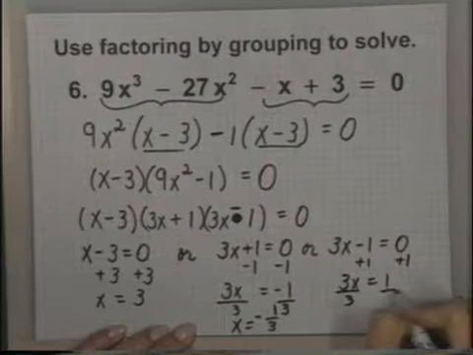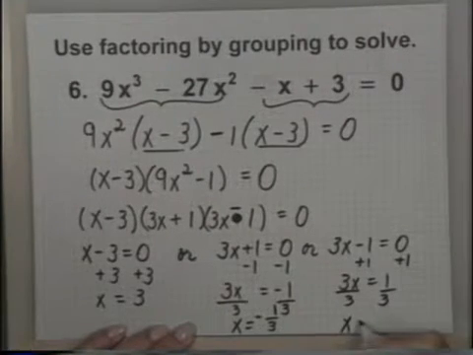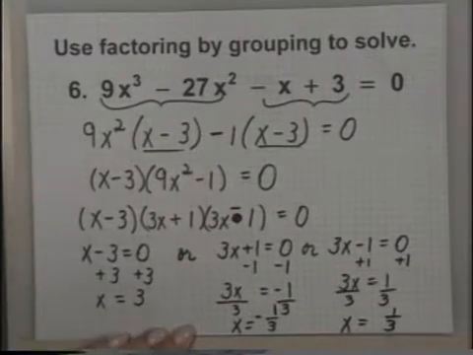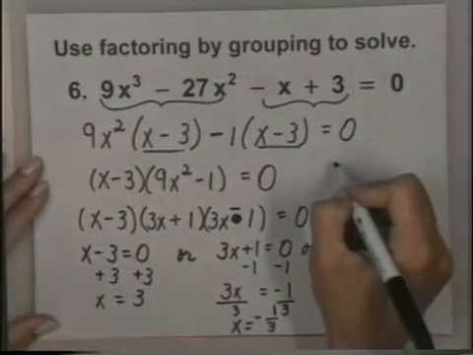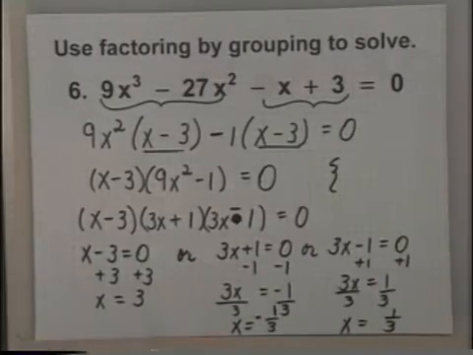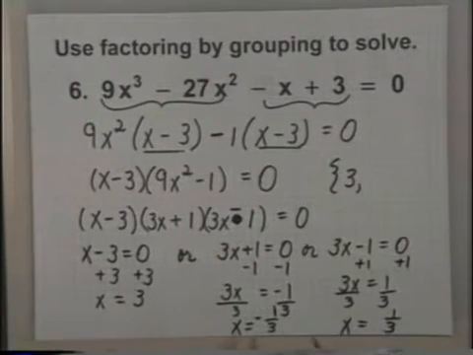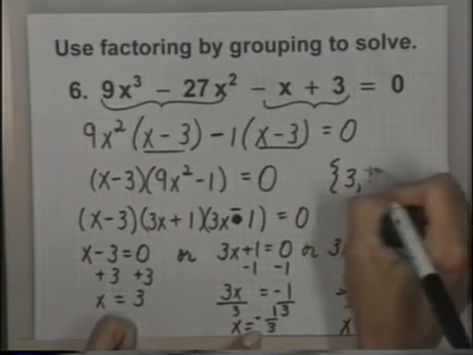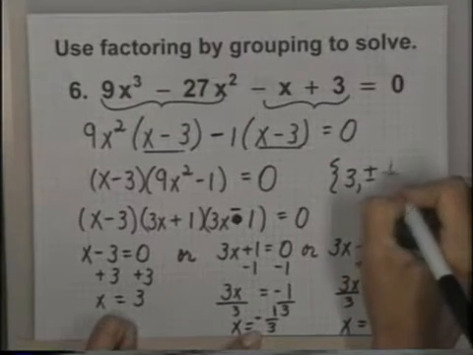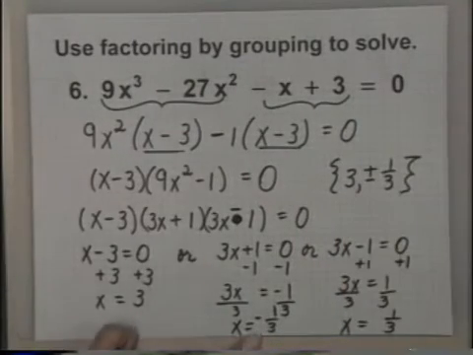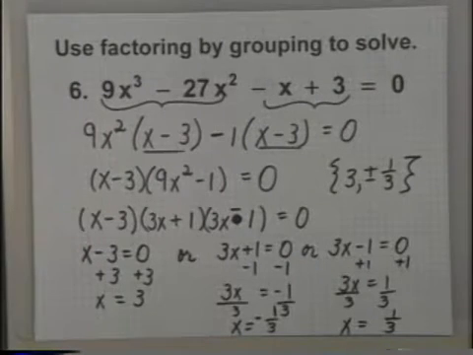Let's divide both sides by 3, and we'll get x equals 1/3. Let's write our solutions using solution set notation. We'll have a 3, then we have a negative 1/3 and a positive 1/3. Let's write that as positive or negative 1/3. I will leave the check to you.